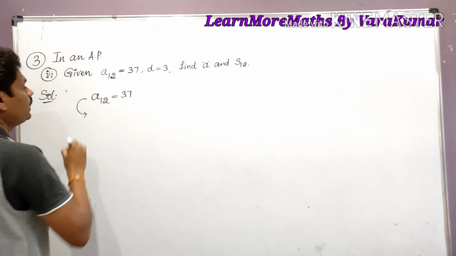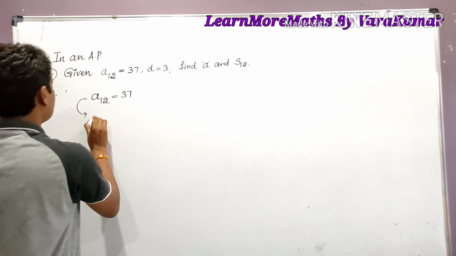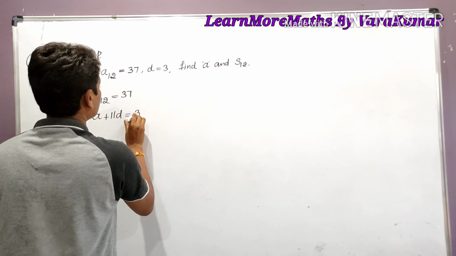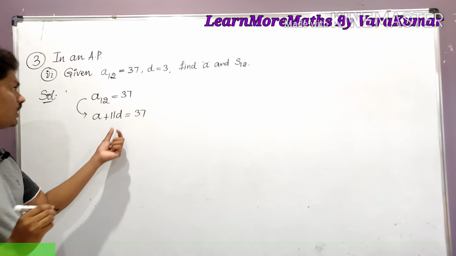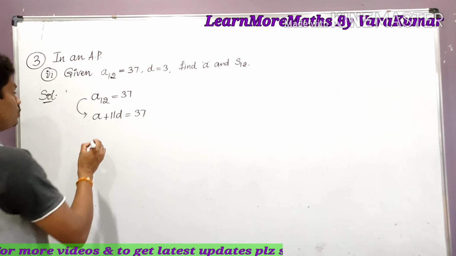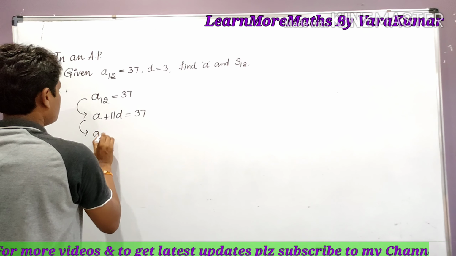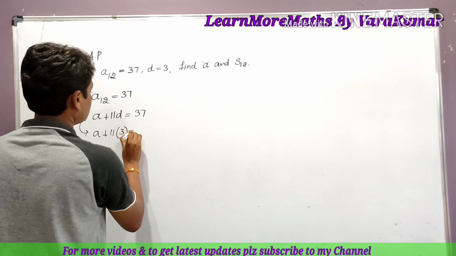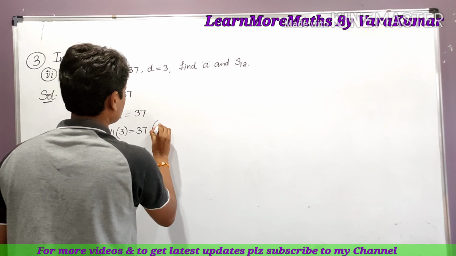In an AP, a12 can be written as a plus 11d. So a plus 11d is equal to 37. Here d is given as 3, so we just substitute the d value: a plus 11 into 3 is equal to 37.